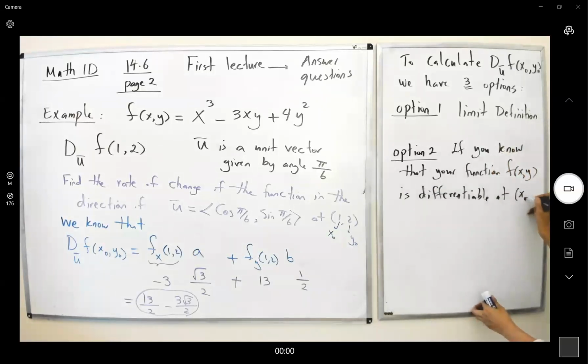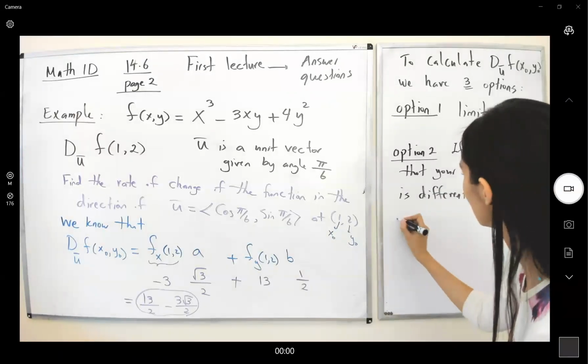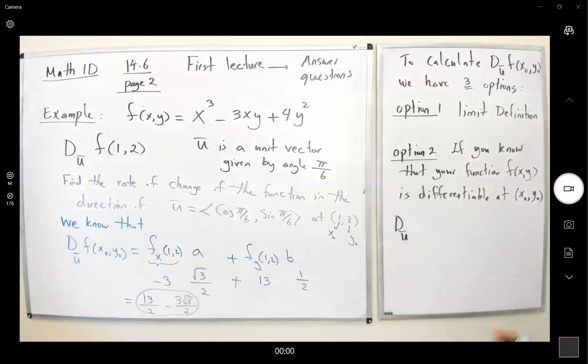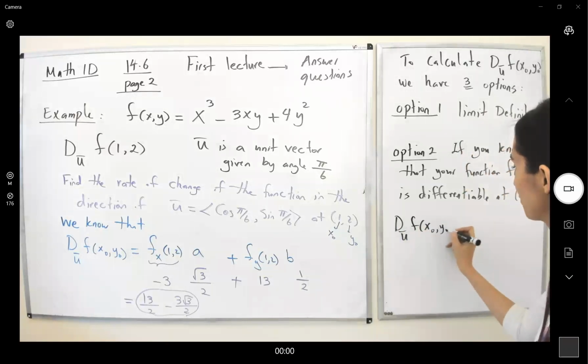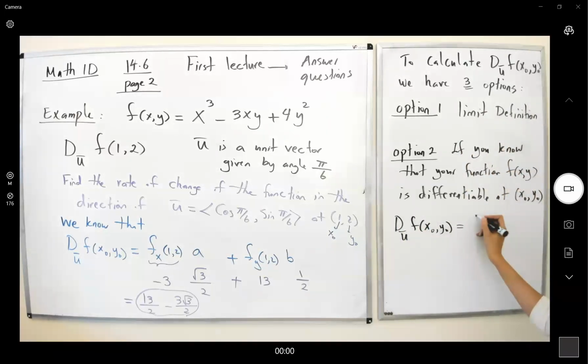at the point x sub 0, y sub 0, then of course you can say that the directional derivative of the function in the direction of u is equal to: I take the partial derivative of f with respect to x, evaluate that at point x sub 0, y sub 0, multiply that by a, plus the partial derivative of f with respect to y, evaluate that at point x sub 0, y sub 0, times b.